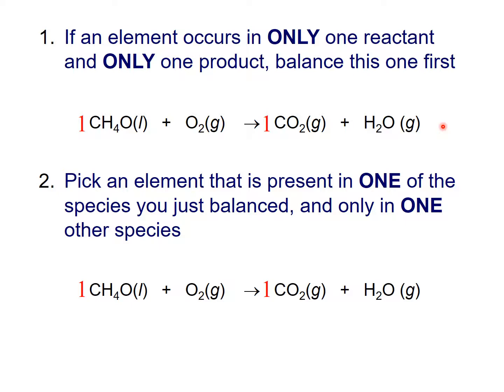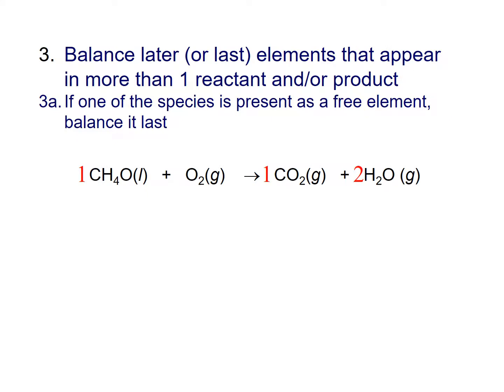And so there are 4 hydrogen atoms in the methanol. We have 2 in a single water molecule, so we need 2 water molecules. So now we have carbon balanced at 1 atom on each side, and we now have hydrogen balanced at 4 atoms on each side. All that's left is oxygen, and keep going. If you can identify more elements like that, do so.